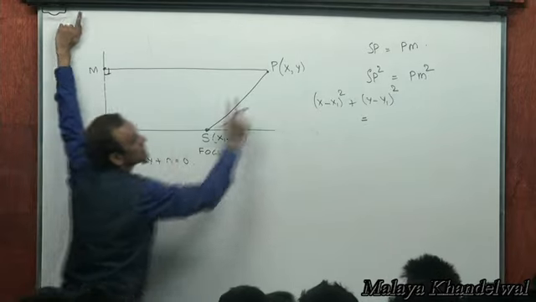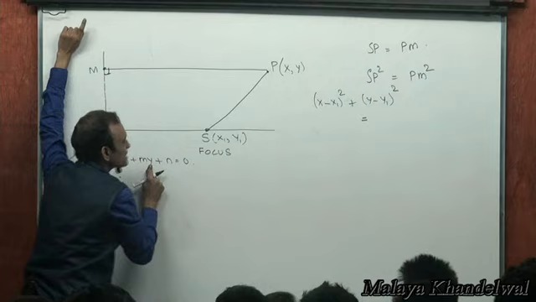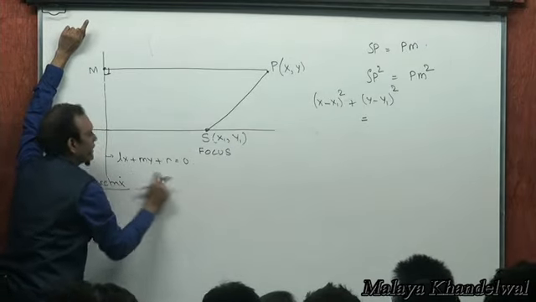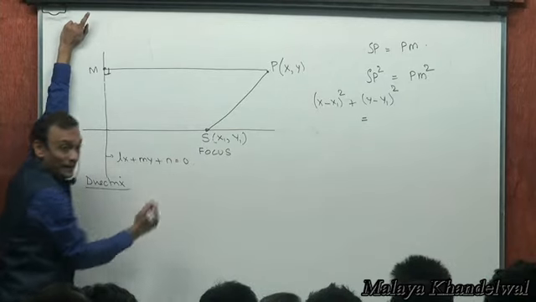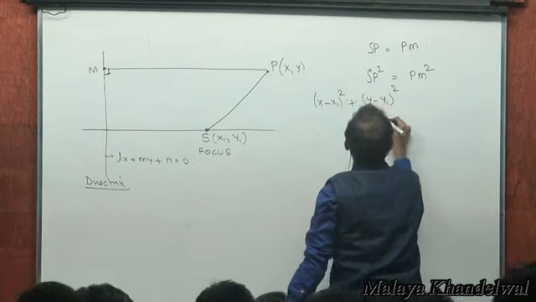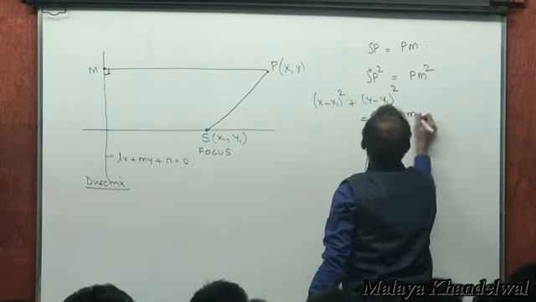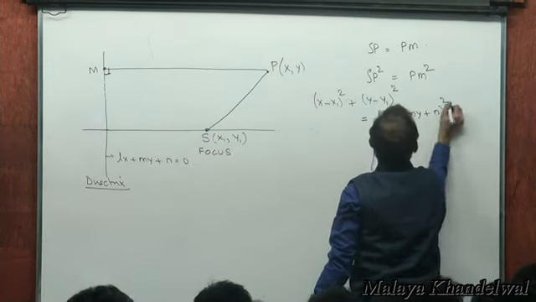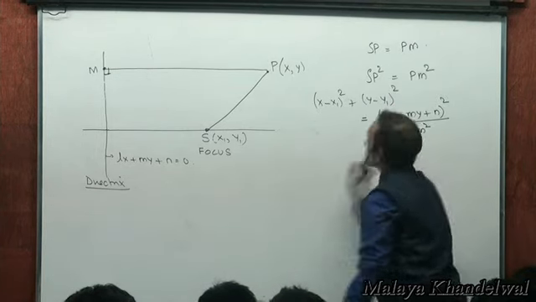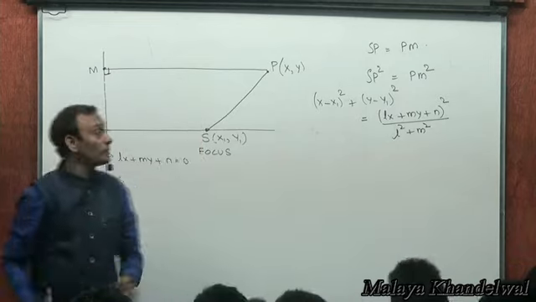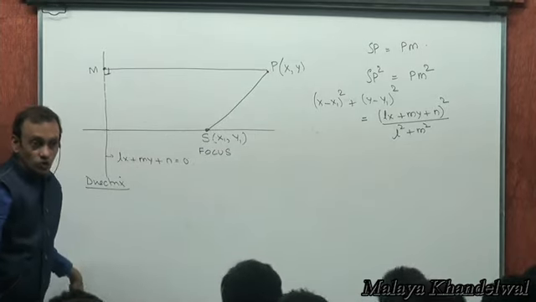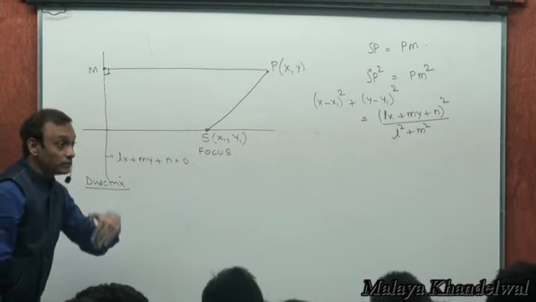Replace this x by this x, replace this y by this y, take the modulus, divide by root of L squared plus M squared, that will give you the perpendicular distance, right? So the square of the perpendicular distance would be (Lx plus My plus N) whole squared divided by L squared plus M squared. Yes or no? This is what you get, right?